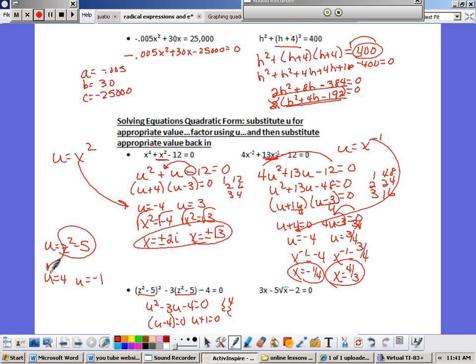Now I need to take this and plug it back into both. z squared minus 5 is 4. So z squared is 9. Square root it. z is equal to plus or minus 3. z squared minus 5 equals negative 1. Add 5. z squared equals 4. Square root it. z is equal to plus or minus 2. So plus or minus 2, plus or minus 3.